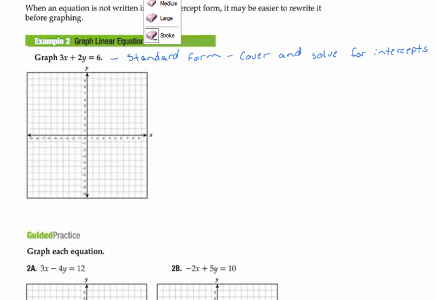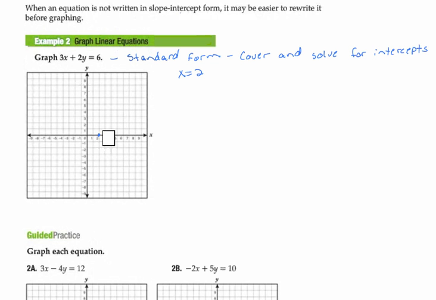So if you remember how we did our cover and solve, in order to find the x-intercept, we got rid of the y, and I see that x equals 2. So the x-intercept is at 2. So right away, I come over here and I hit that point. Okay, how did I find that? Again, I looked at 3x equals 6. I tried to get x by itself, so I divided that 3 over. Why am I getting rid of the y right here?